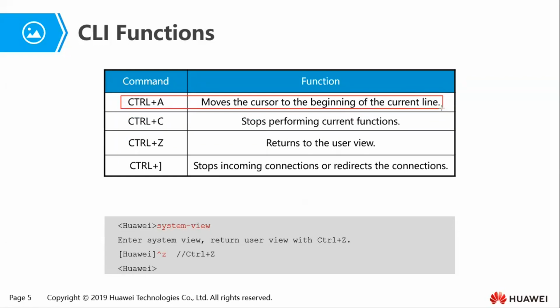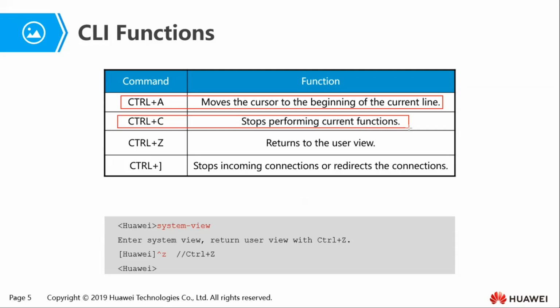Sometimes you might type a command that is quite long, but the very first word you typed is not correct, you misspelled that word. If you want an easier way of jumping back to the very first word, you press Control A.